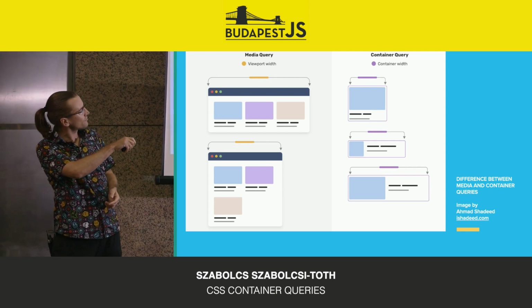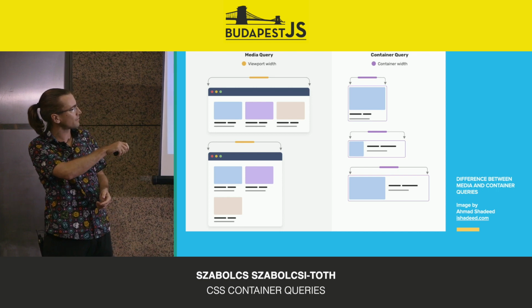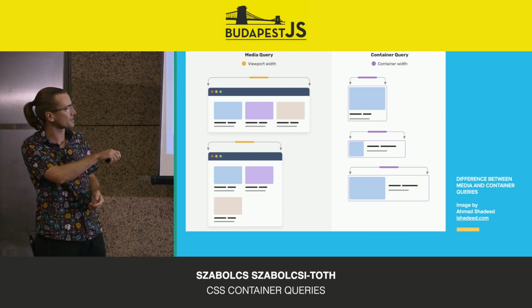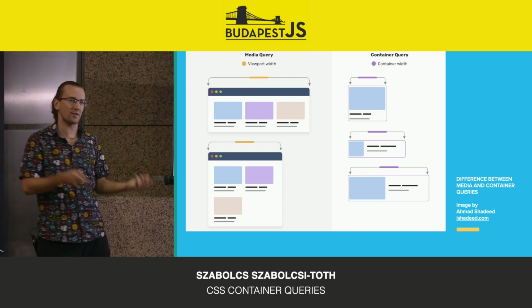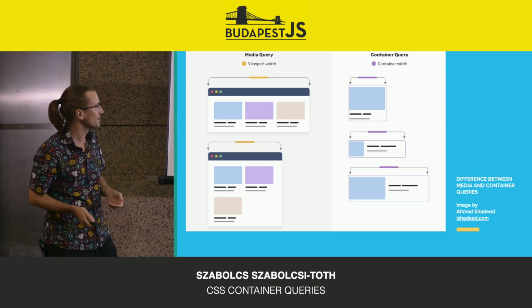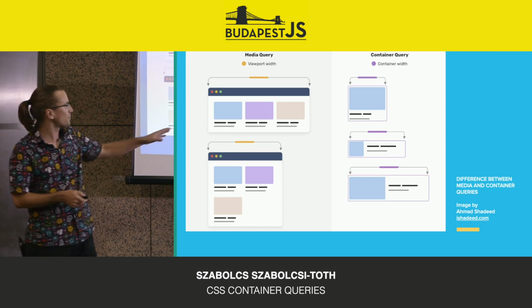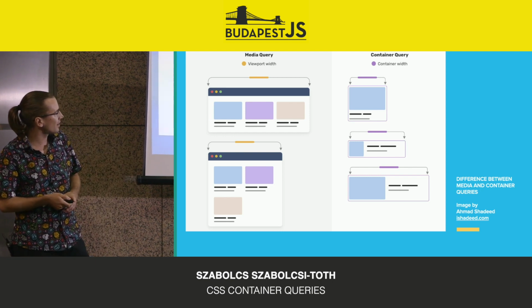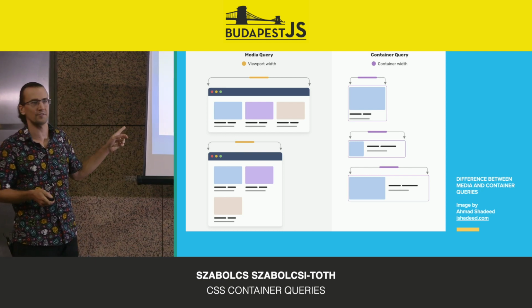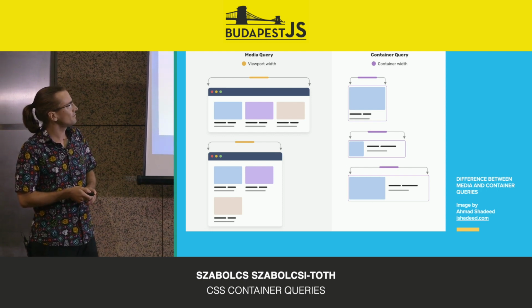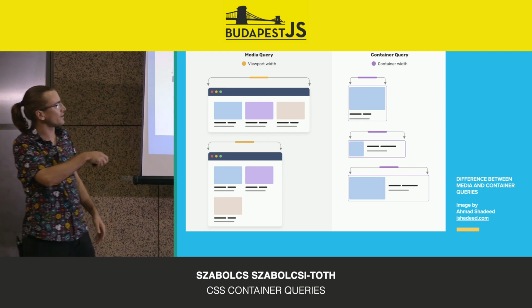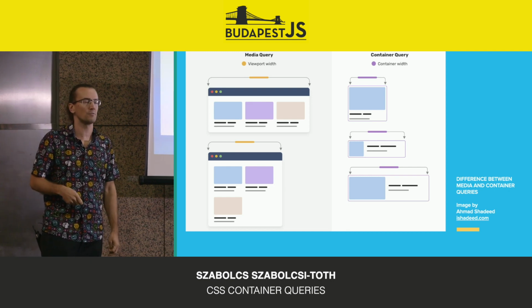What if you just do this with these containers, the little components? This is basically the main difference between media queries and container queries. And this is a great image by Ahmad Shadid. He has a really good blog post on this. I will share the links later. So this is what container queries will actually be capable of doing on web pages.